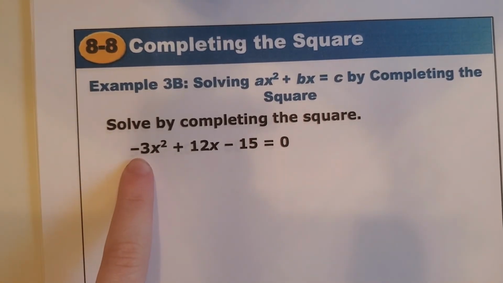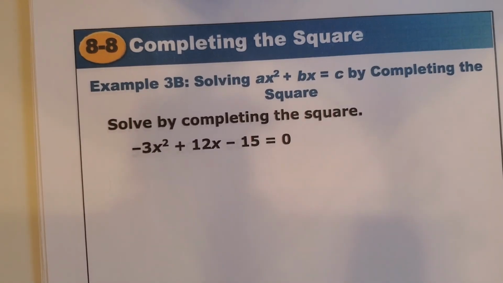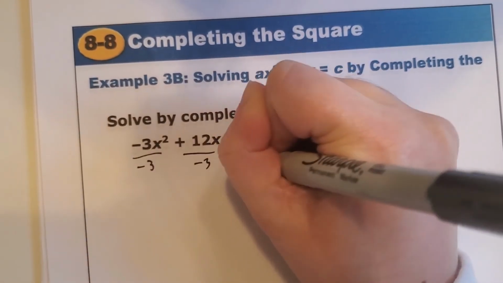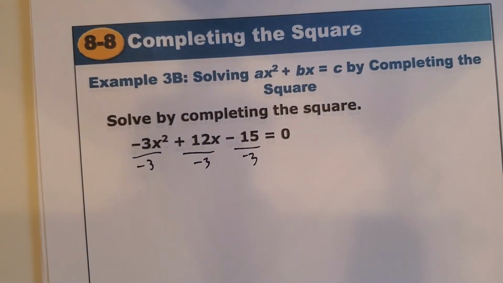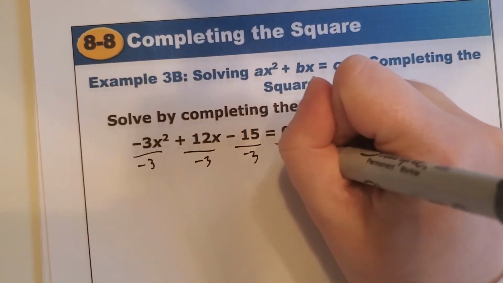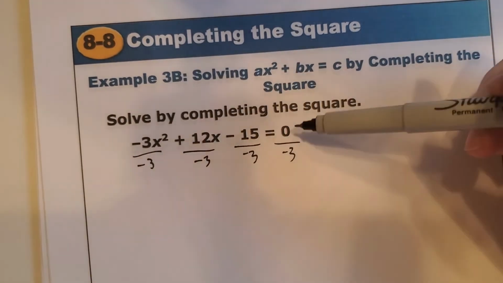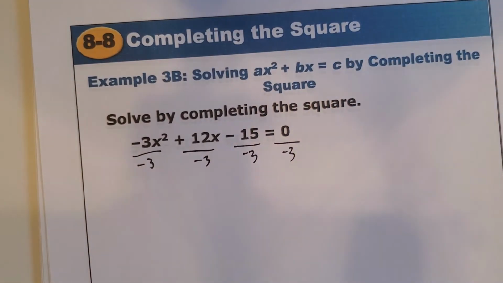We want this leading coefficient to completely cancel out. All right? So we're not only dividing by 3 in this case, but we're dividing by -3. If you have something on this side, I didn't do that with the last one, but it's everything on both sides by -3. The only reason I didn't do that for the last one is because if you're dividing 0 by -3, you're going to get 0.